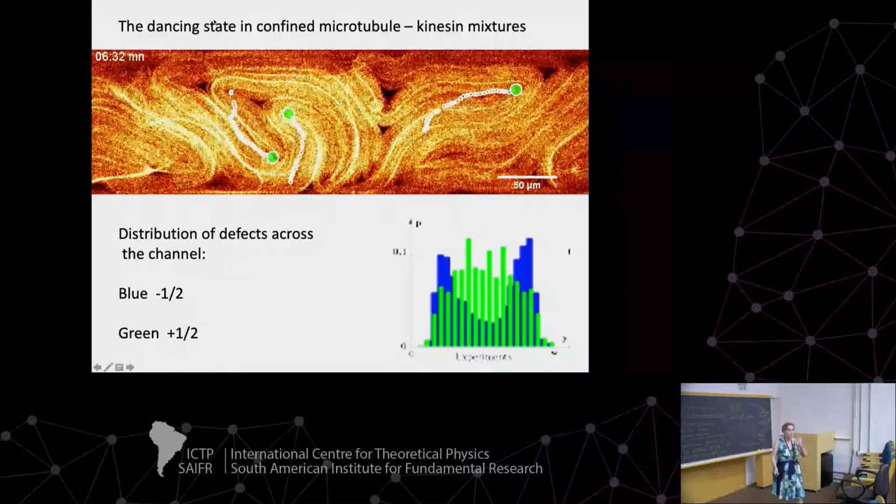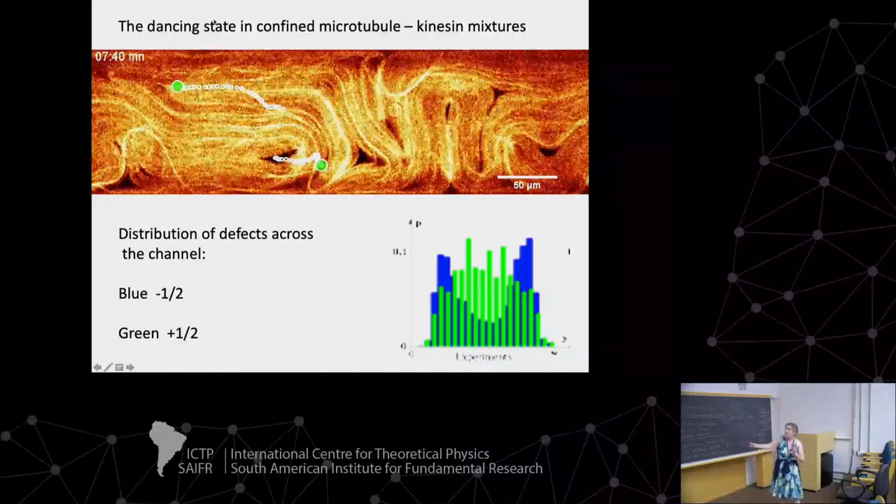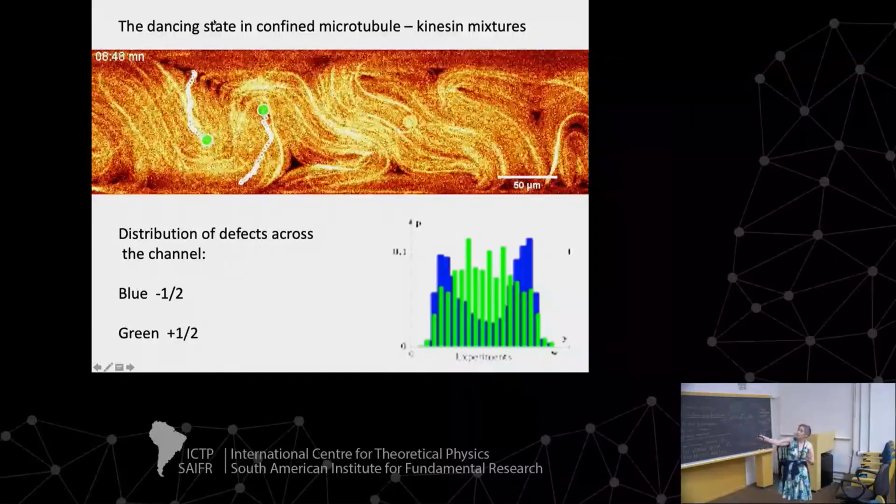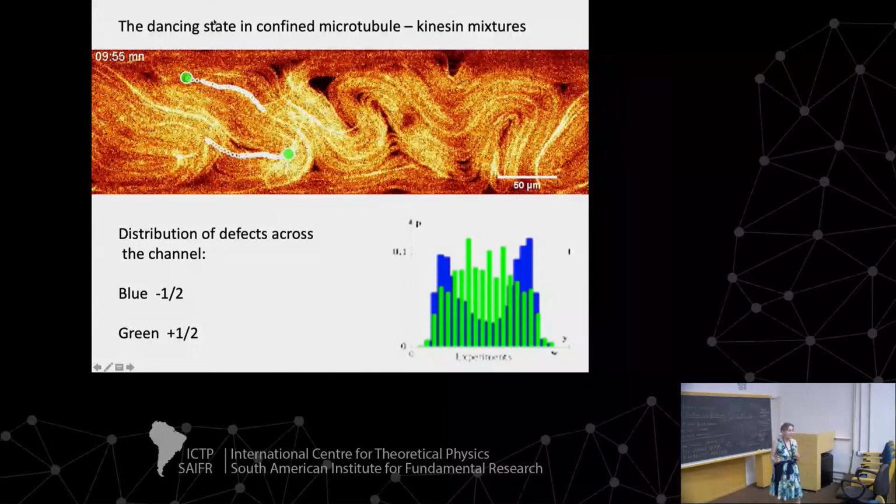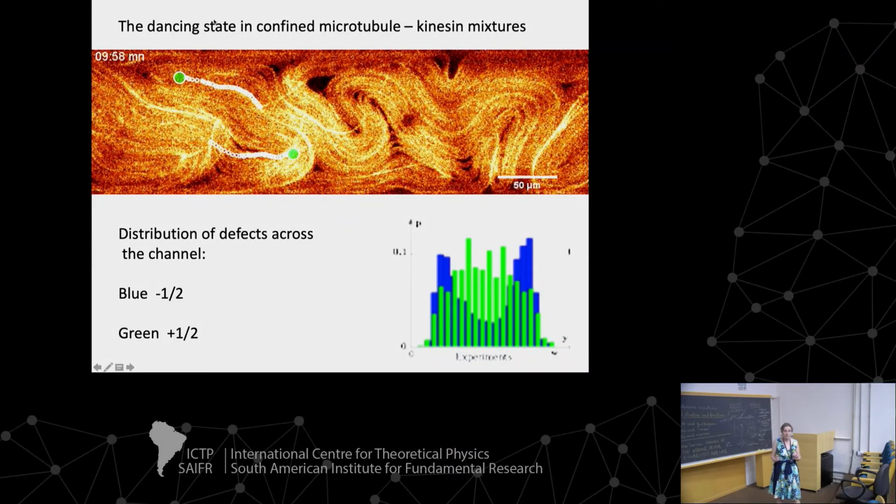In the simulations, we have conservation of defects. Here, it's much easier to create them and to destroy them again. And the reason for that is that the boundary conditions are much softer here. It's much easier for the microtubules to move away from the walls and form defects, where in our simulations we had them fixed solidly to the walls.